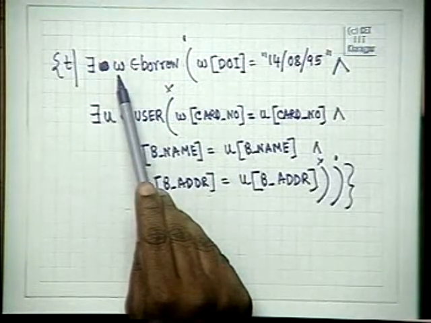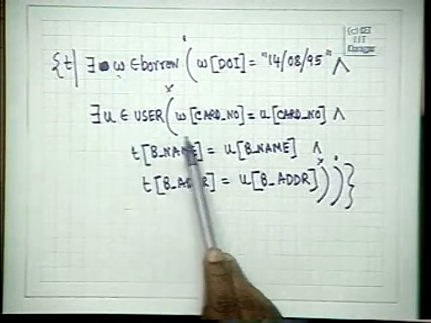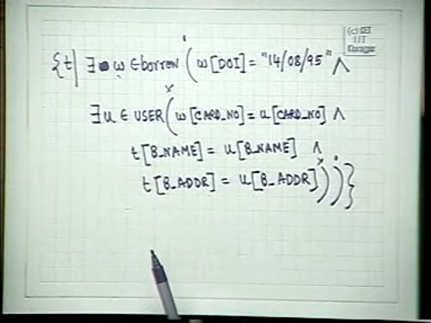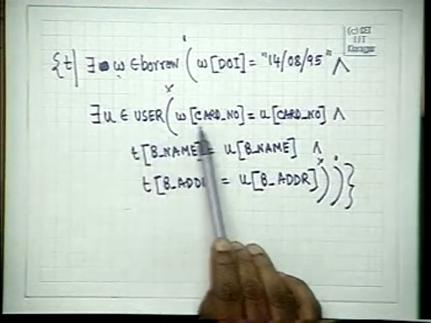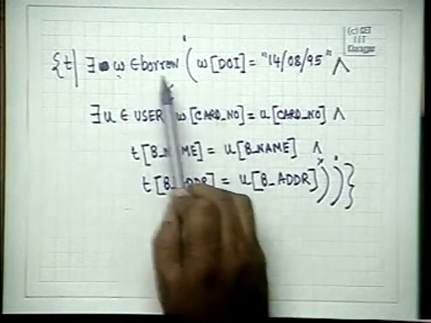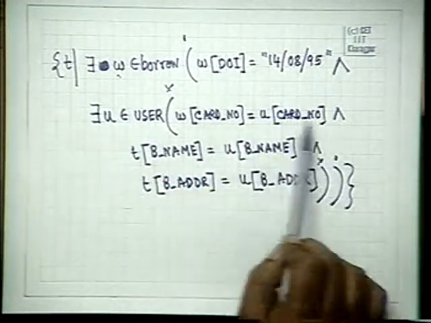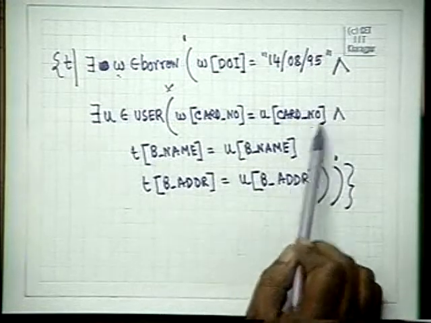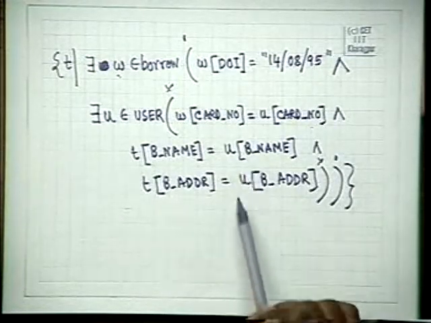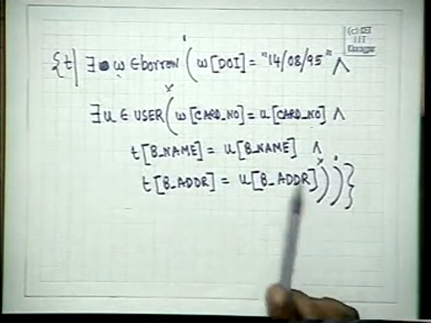So there exists a W and then for that there must exist a U element of user such that card number is equal to this card number. It doesn't matter which order you write this first, this second, it does not matter.